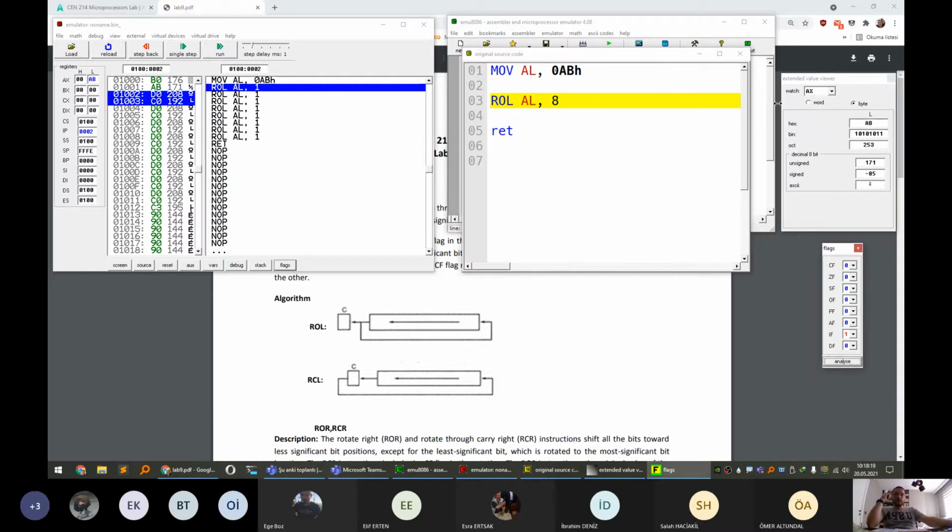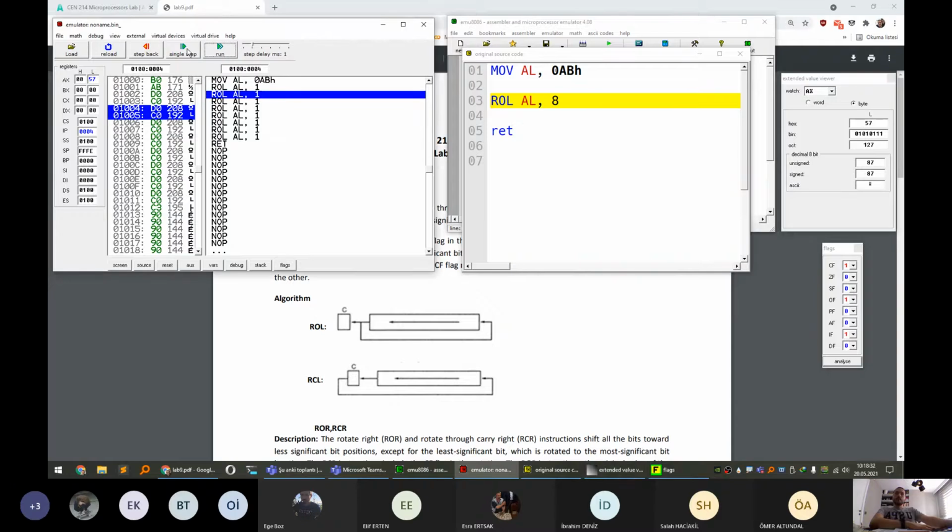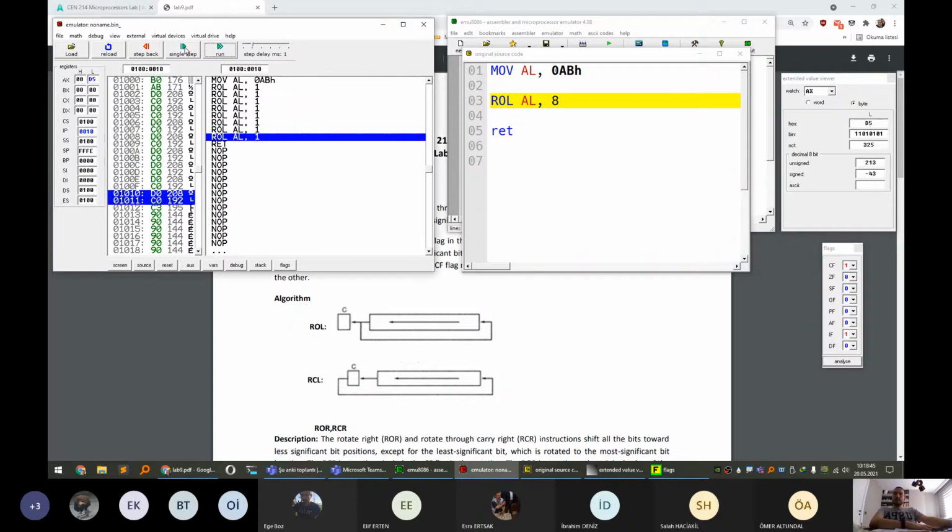The most significant bit, which is currently 1, will be copied into carry flag and also will be diving into the least significant bit. Okay, carry flag is now 1. This one is also the same with this carry flag. Be careful. 8 times: 2, 3, 4, 5, 6, 7, 8.